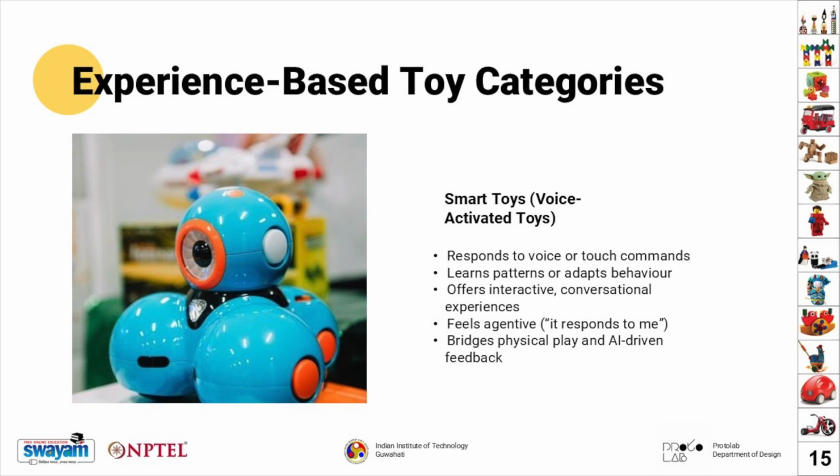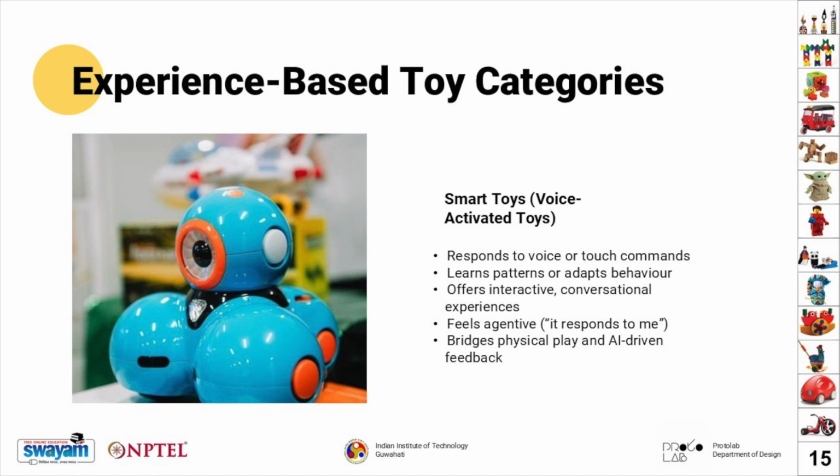A smart toy becomes interactive through built-in sensors and a simple form of intelligence. For example, the robot listens for voice commands and responds. It moves, lights up, or speaks back.